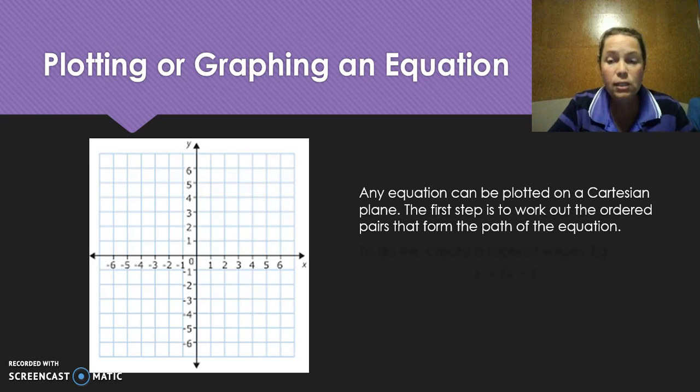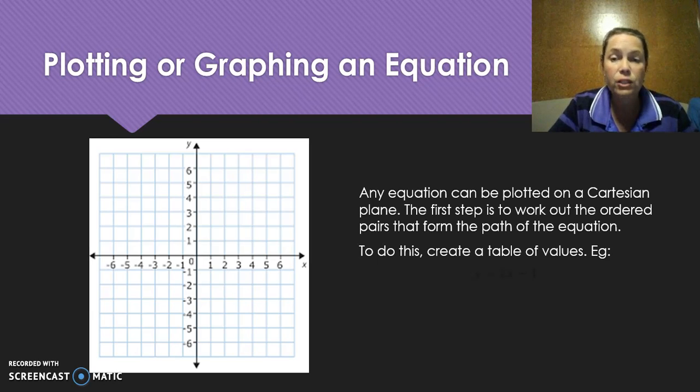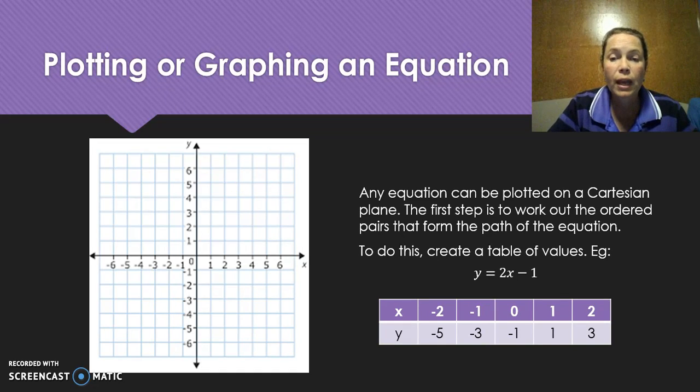To do this, we create a table of values. Now, say for example, our function or our equation was y equals 2x minus 1. So we draw up a table and we put in some x values. Now we can choose any x values that we want, and what I generally recommend is 3 to 5.